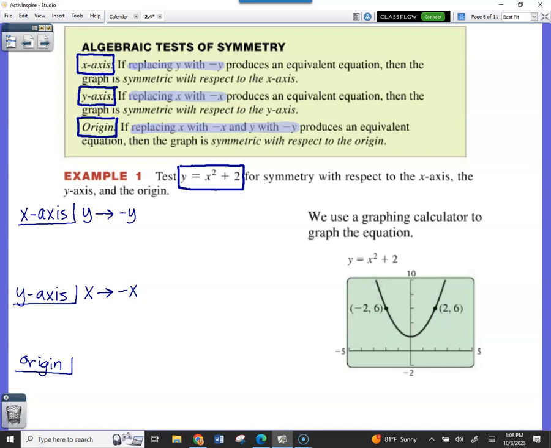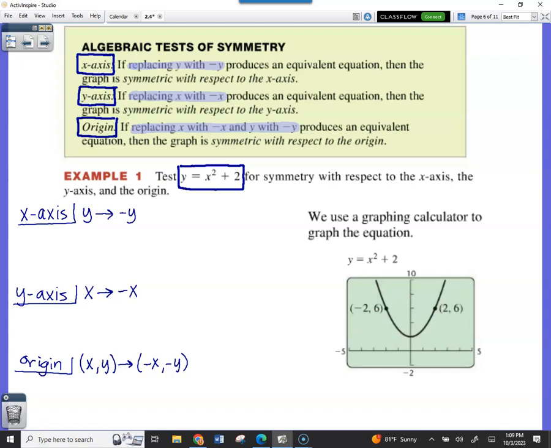If I'm testing symmetry with respect to the origin, I'm taking what is normally x, y and I'm replacing it with negative x, negative y. Those are your formulas, if you want to think of them as formulas. Now it's a matter of plug it in and look to see, is it the exact same equation that we were testing to begin with?